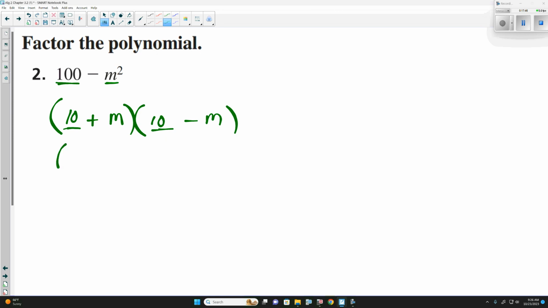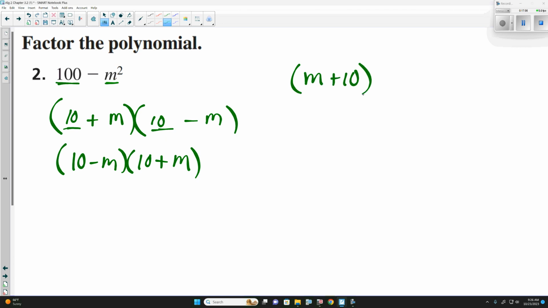We didn't. Okay, so it could have come the other way. I thought you were saying it. Well, it cannot be, because m plus 10 is fine. Because 10 plus m, m plus 10, either way works, because addition is commutative. But m minus 10 would not be right, because you're getting half of it.